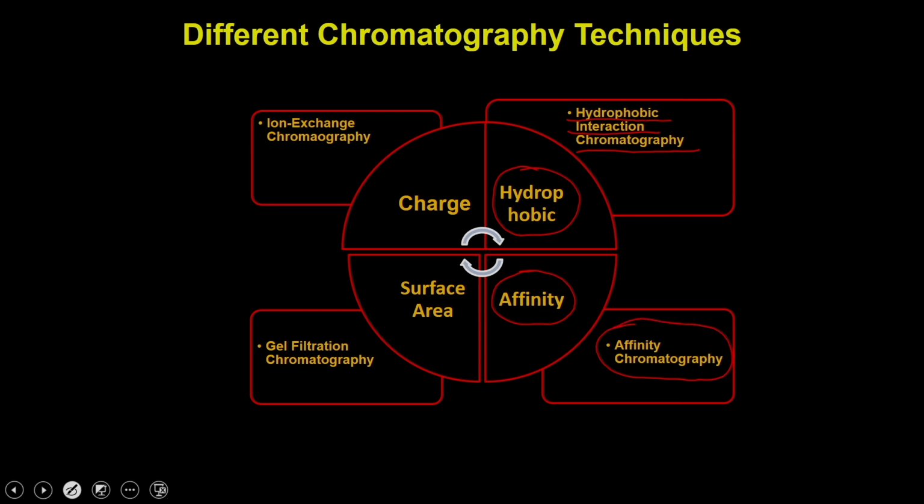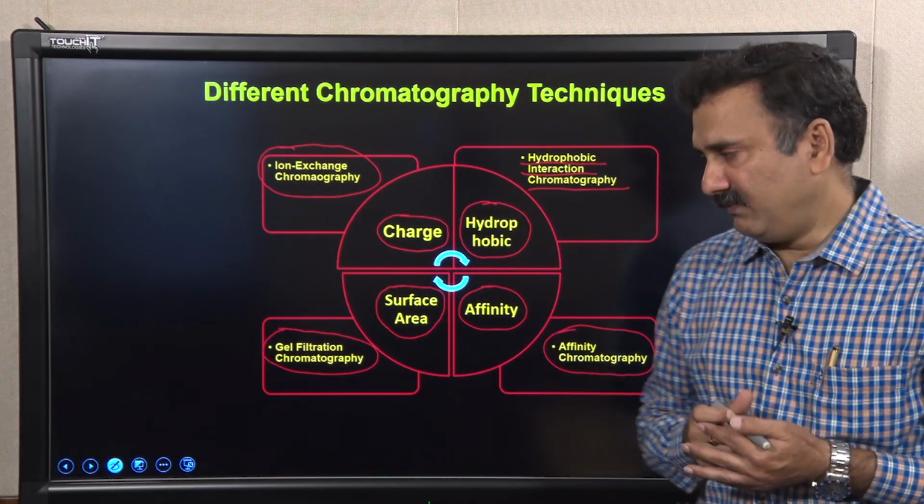Then you have surface area as a property, which can be exploited in gel filtration chromatography. And lastly, you have the different types of charges present on the protein, either positive or negative, which can be exploited in ion exchange chromatography. So, today we are going to discuss ion exchange chromatography.